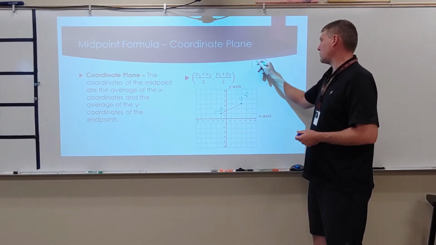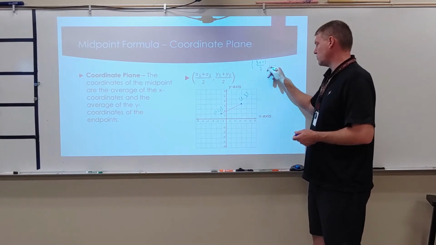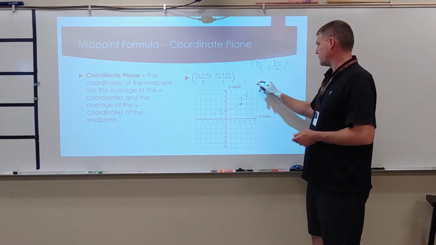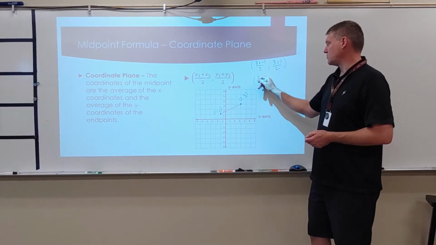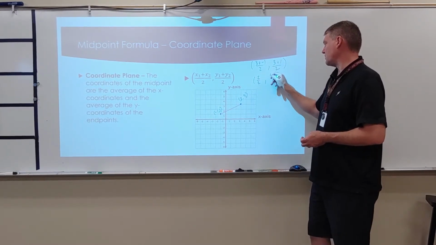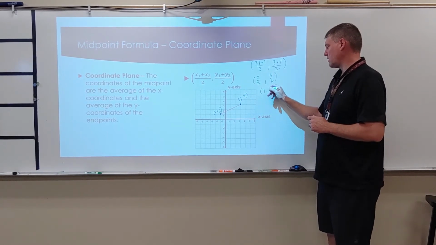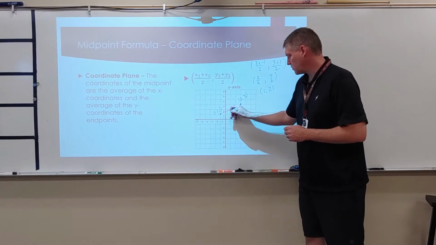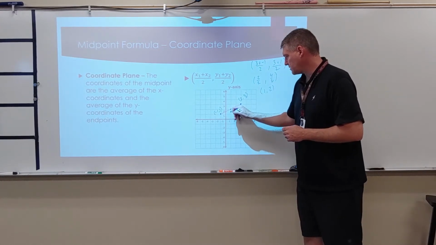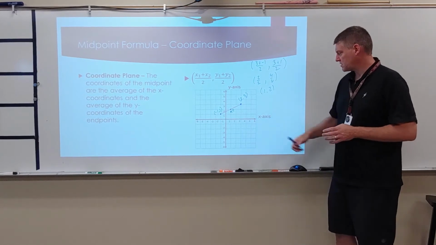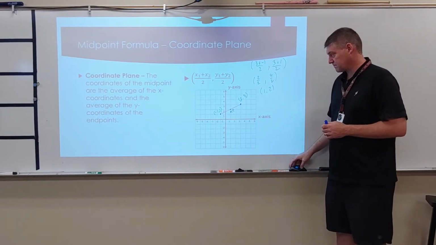So 3 plus -1 over 2, and 3 plus 1 over 2. So 3 plus a -1 gives me 2 over 2. This gives me 4 over 2. I'm just going to simplify that to be 1, 2. So at 1, 2, there's my midpoint. I'm going to just label it as MP for midpoint, and there's my coordinate of it.